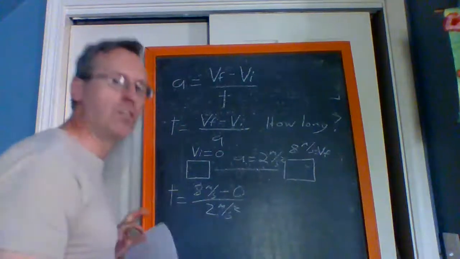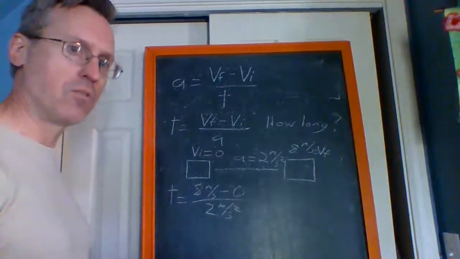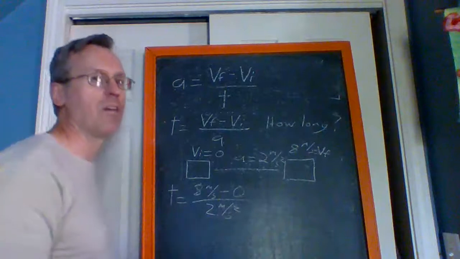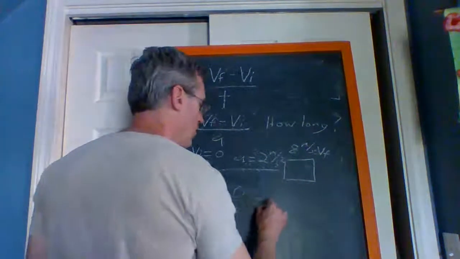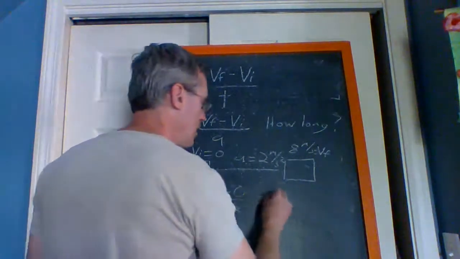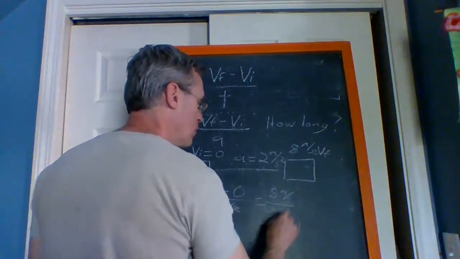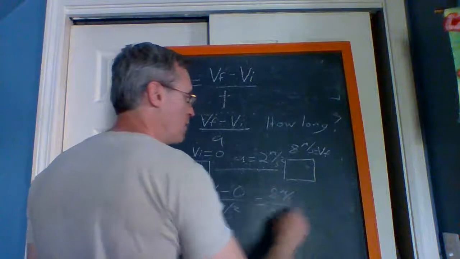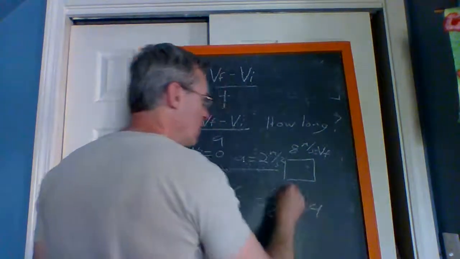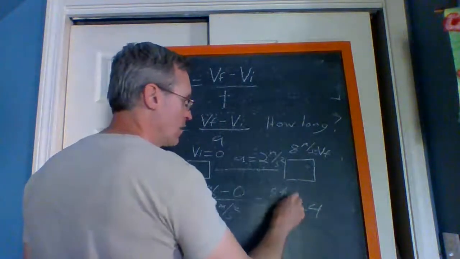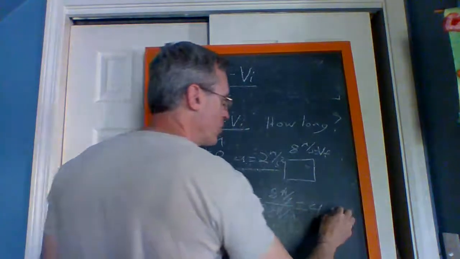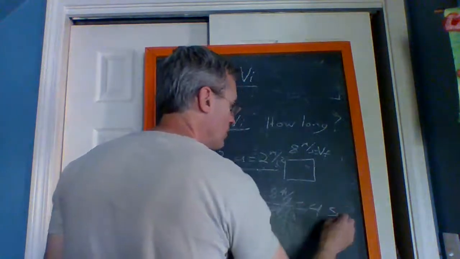We're using easy numbers here because I'm trying to teach you how to use these equations, and I don't want to get all that complex. So 8 meters per second divided by 2 meters per second squared. 8 divided by 2 is 4. The meters cancel, one of the seconds cancels, and it gives you 4 seconds.